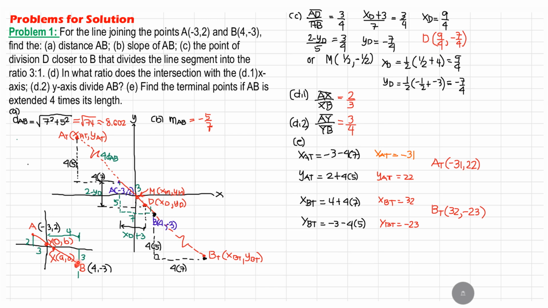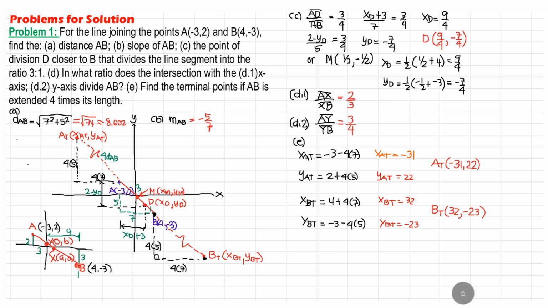Just make it positive because we're referring to the length of this triangle. Therefore, AX to XB is equal to the ratio of their corresponding vertical projections, which is 2 to 3.